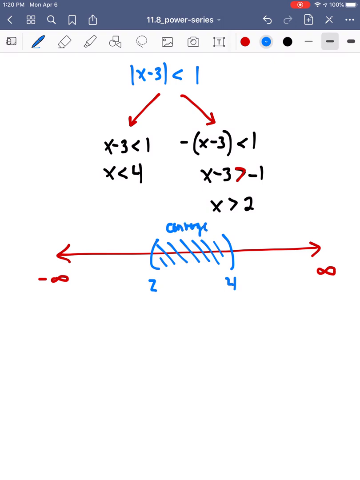for this power series. And now notice, I'm not using square brackets. I'm only using rounded brackets here because, again, this inequality doesn't work, or we don't get out of ratio test what happens at those endpoints. So ratio test doesn't tell us what happens at x equals 2 or x equals 4.